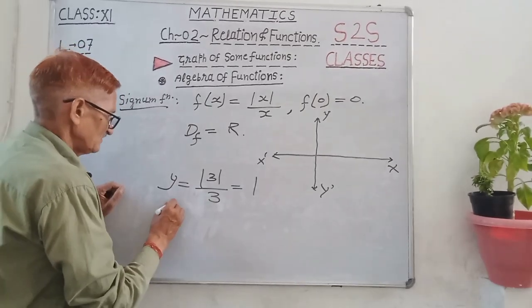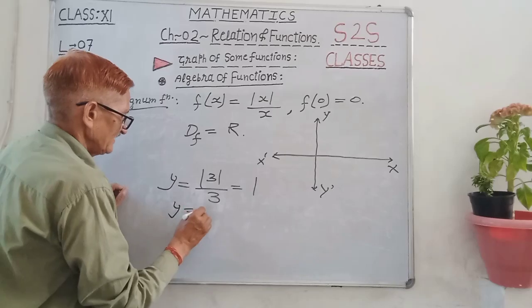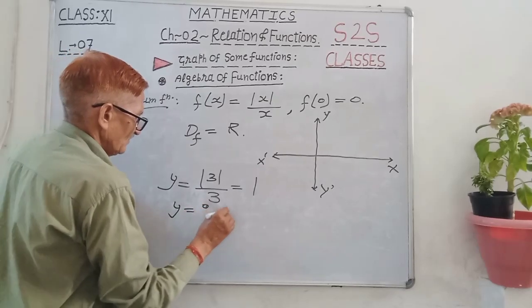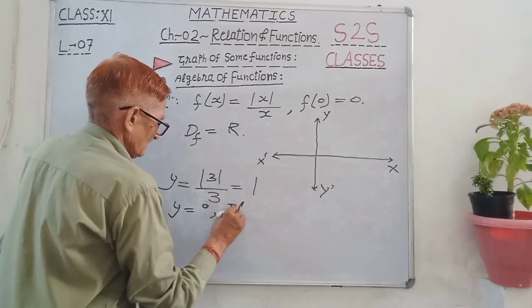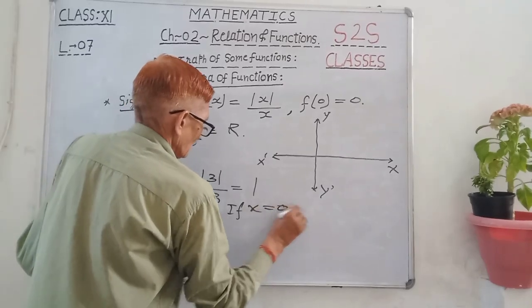If x is 0, that is given, y is equal to 0.